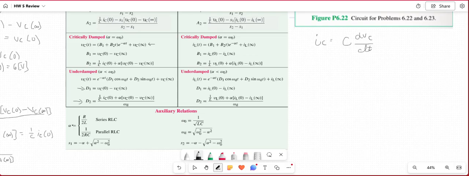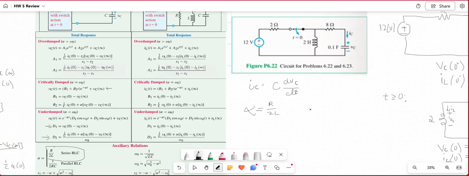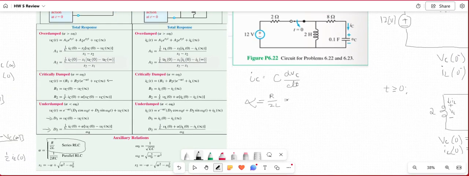So let's find alpha with a series RLC first. Alpha equals R over 2L. R is 8 over 2 times 2, so it's going to be 2 nepers.